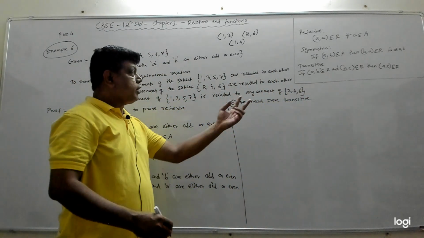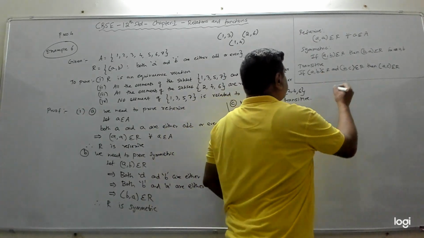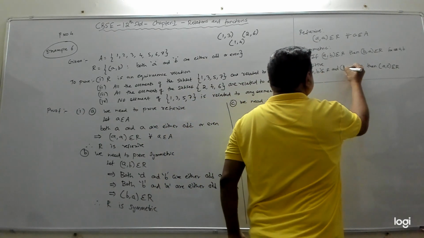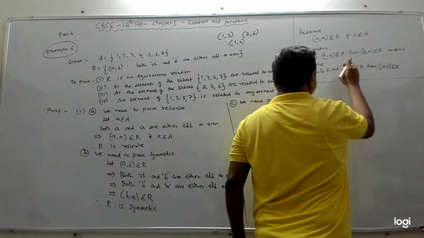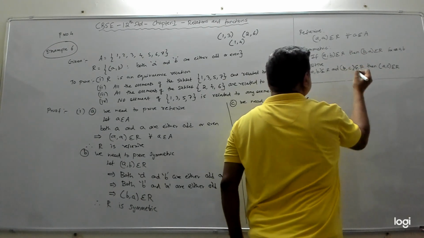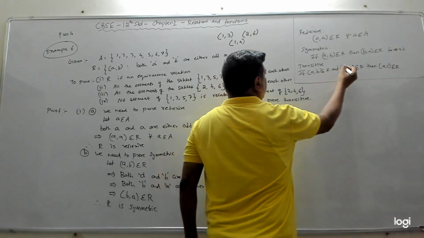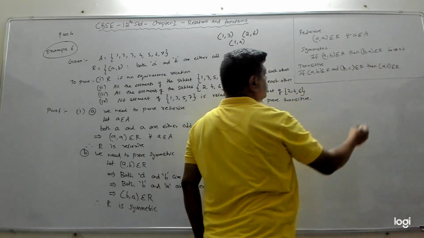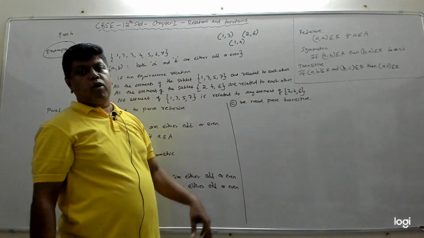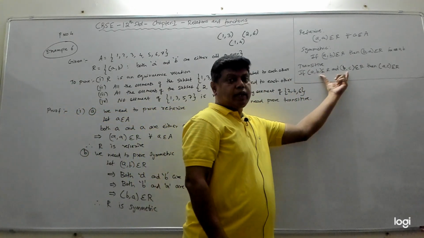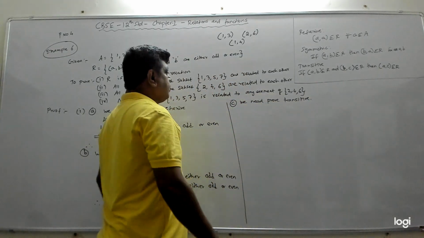For transitive, we will take two elements like this. If A comma B belongs to R and B comma C belongs to R, then we have to show that A comma C belongs to R. This is the definition of transitive. So we should first take two elements like this from our relation R.